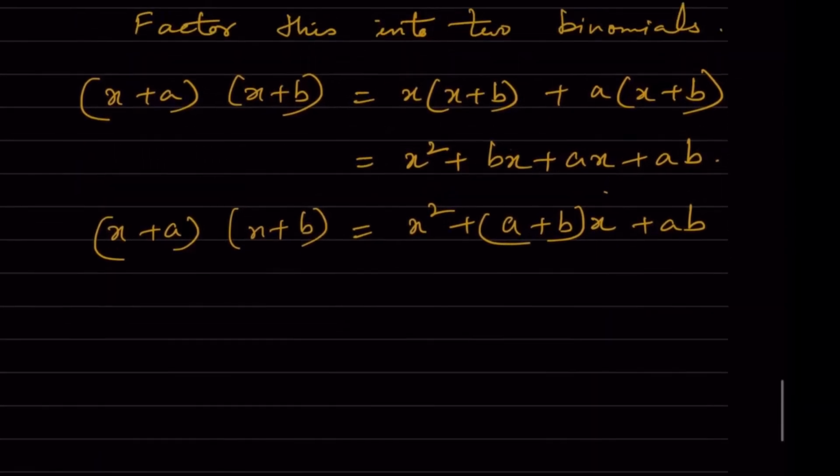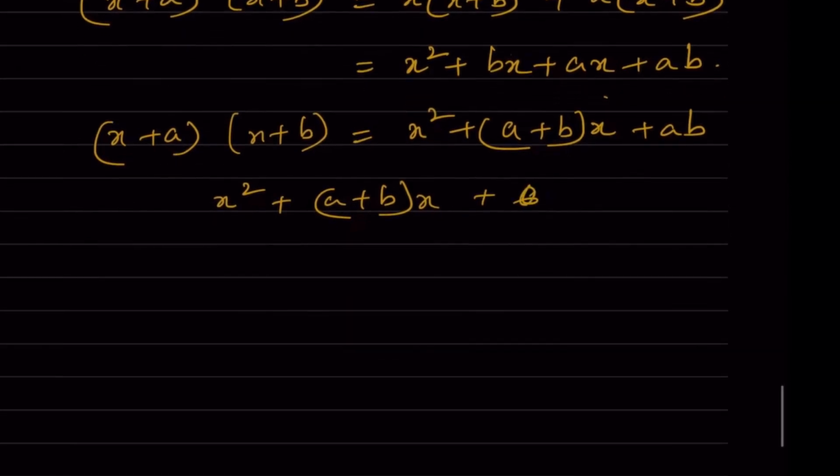Now if you compare this with the expression given to us over here at the top, x square plus 5x plus 6 is equal to 0, how do we compare it? We'll just see.